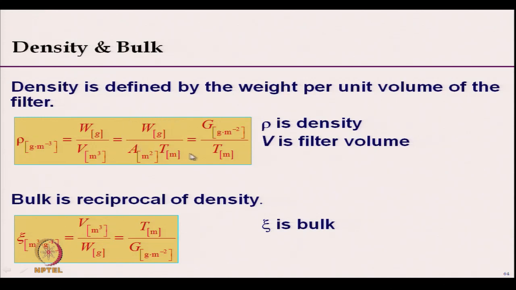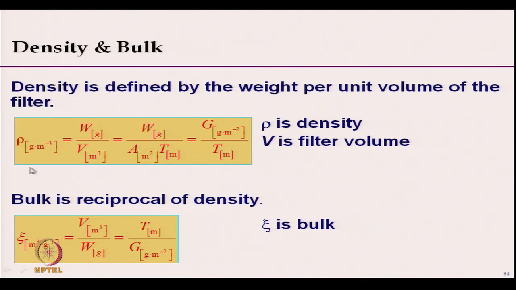And from there, if we replace volume with cross sectional area and thickness, that will be G, the grammage, the mass per unit area, W by A, by thickness.